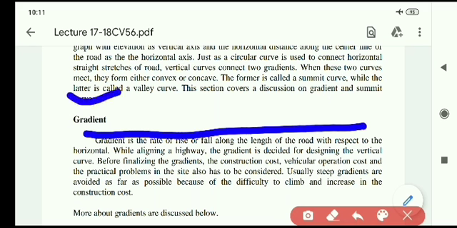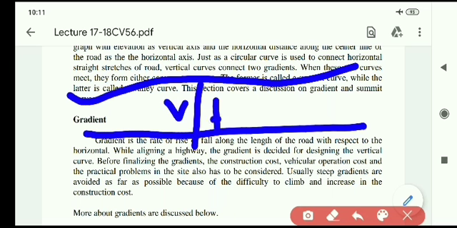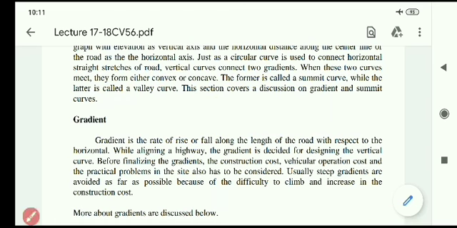Everywhere undulations will be there, like this or like this. These undulations are always calculated in terms of gradient. Gradient is always taken as V by H, vertical to horizontal. So friends, this is the concept of gradient.